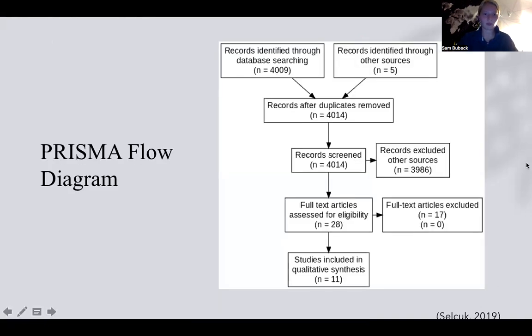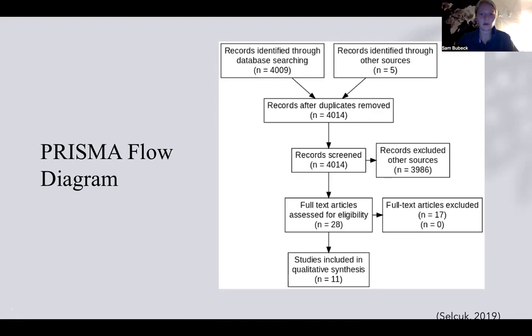All right. My Prisma flow diagram. So I utilized Prisma to sort through my articles and eventually have the qualitative studies of the 11 articles that we had just discussed.